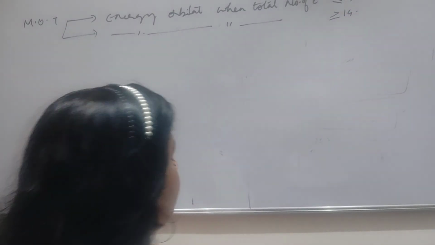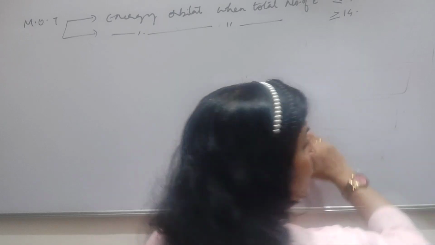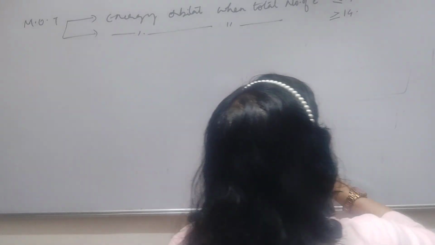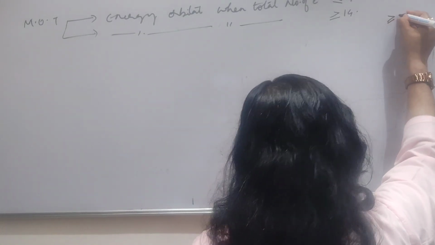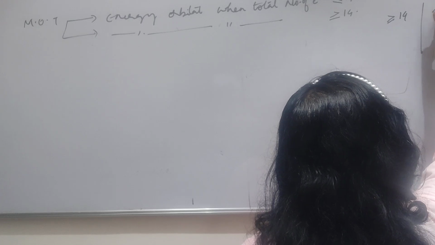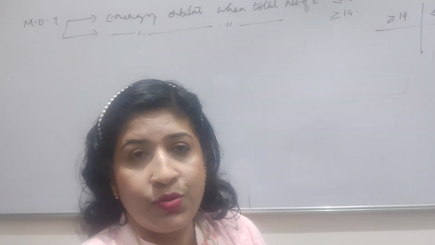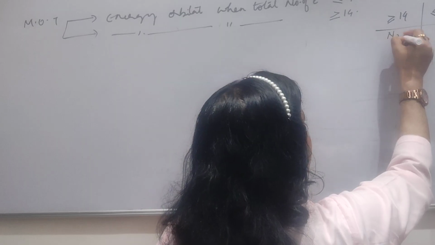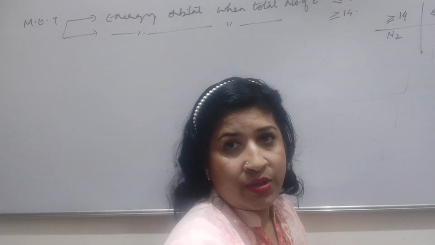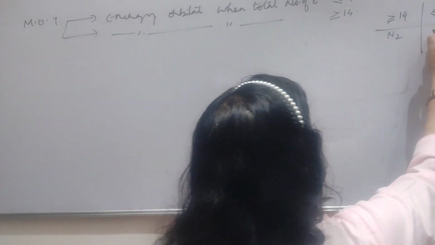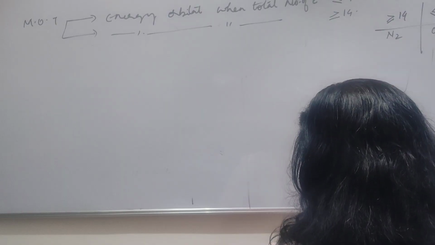Here we have to remember that there is a small trick. We know 14 is nitrogen, so we can take the reference as N2, and for more than 14 electrons, oxygen, of course, we are going to consider, and we take it as O2.